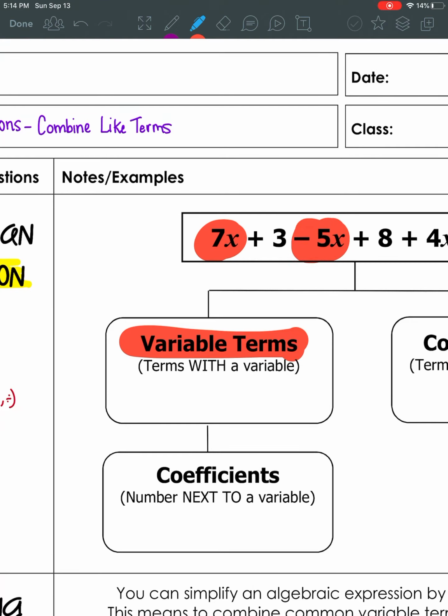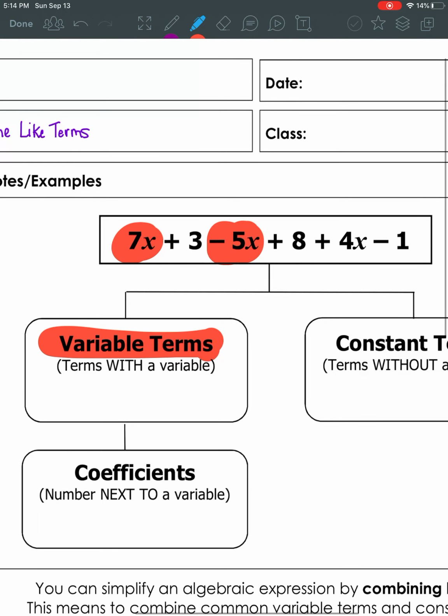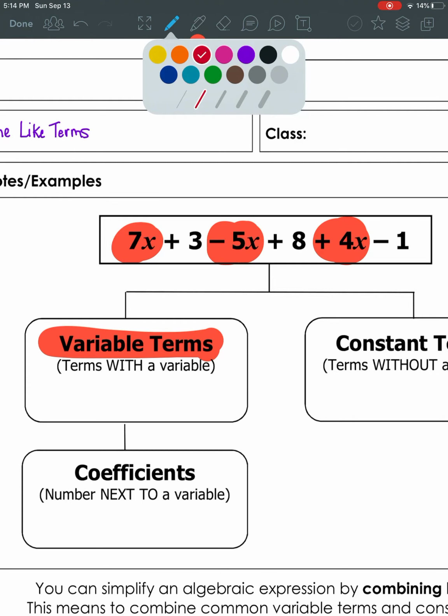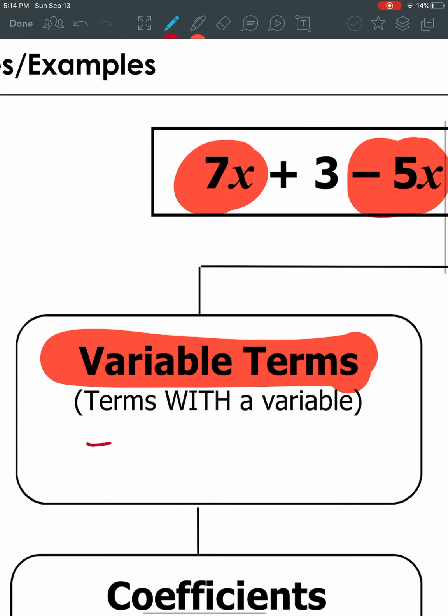So this term here, 7x, 5x. Now notice in front of the 5x there is this minus sign, so I'm going to highlight that as well. And then 4x, and again I'm highlighting the plus sign in front of it. So these are what we call variable terms.